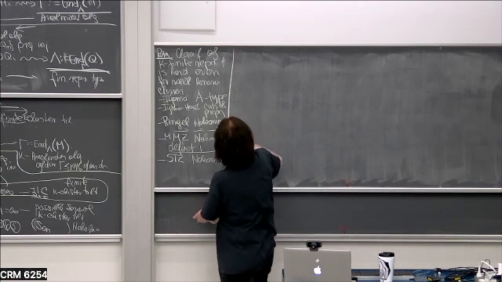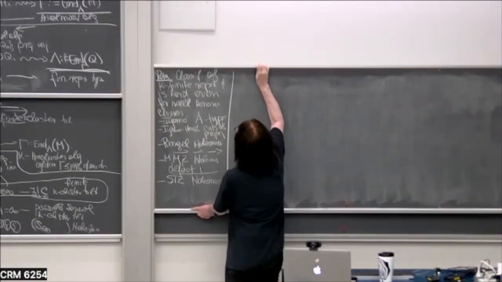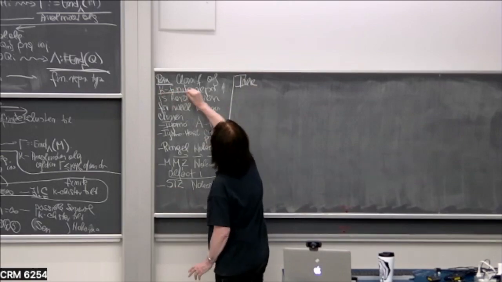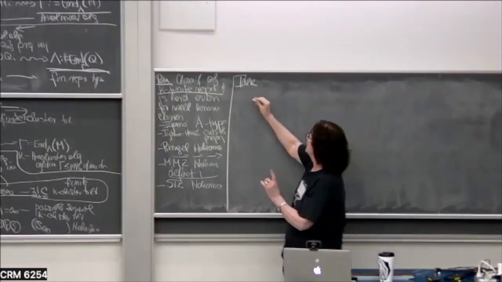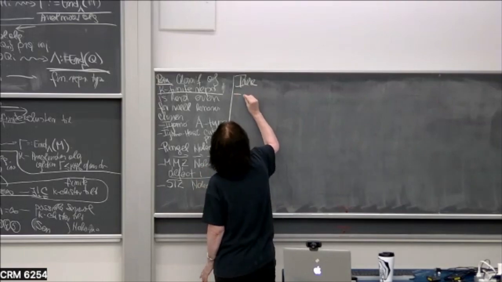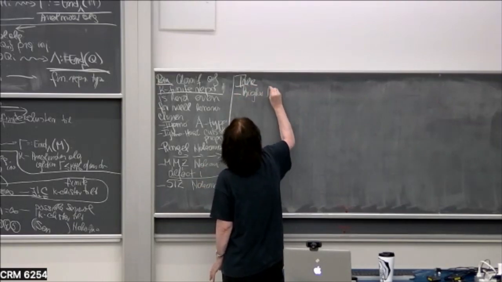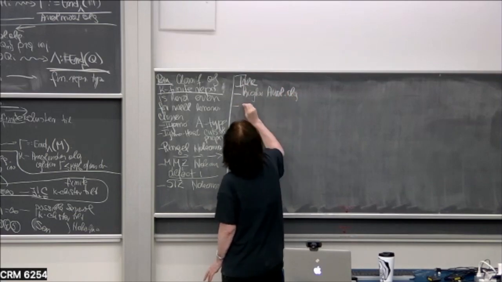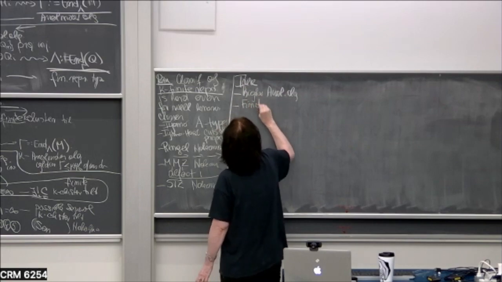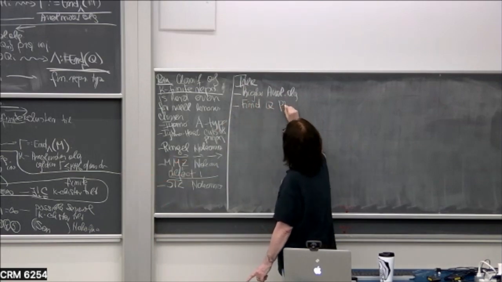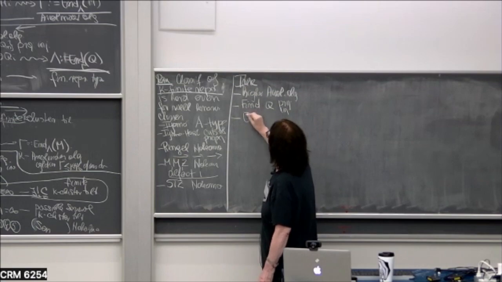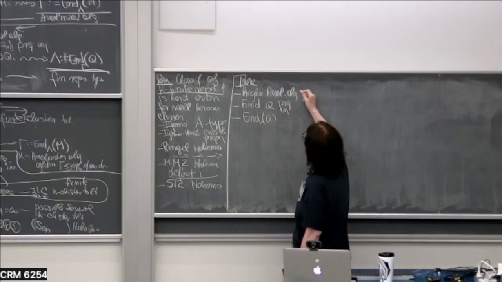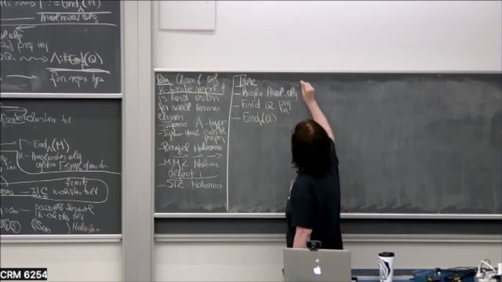So the idea of how to construct k-finite representation type is first get a higher Auslander algebra lambda, then find the projective injectives, and then take the endomorphism of Q over lambda to get gamma.